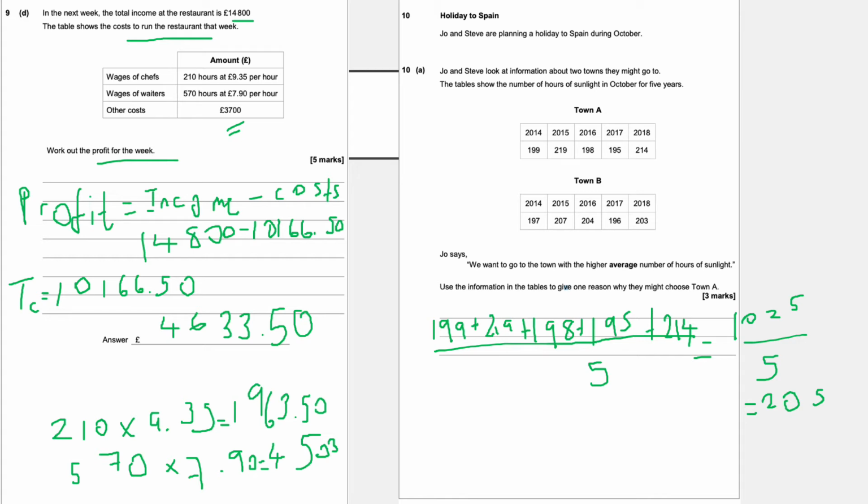So it says give one reason here why it might be Town A. For Town B, we're going to have 197 plus 207 plus 204 plus 196 plus 203.